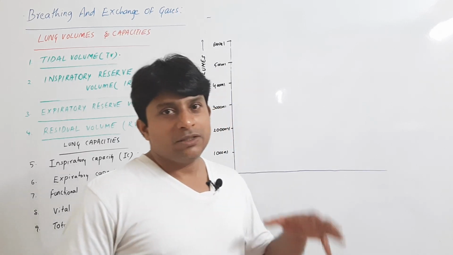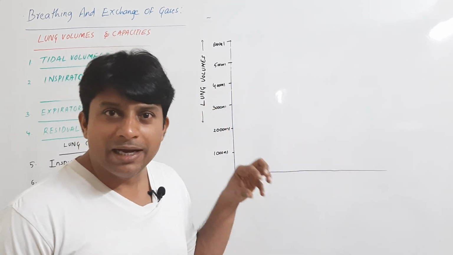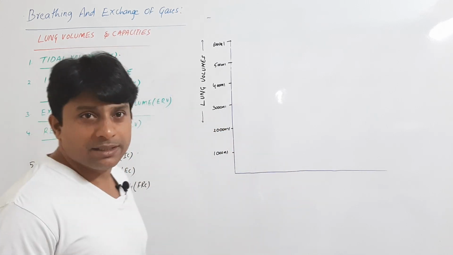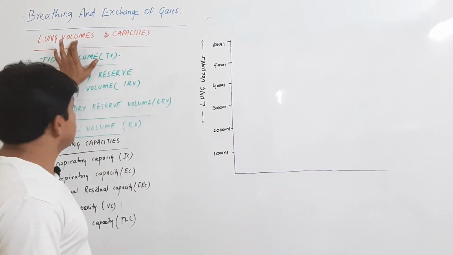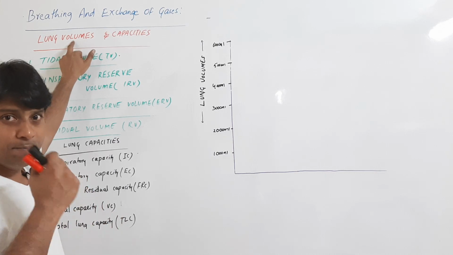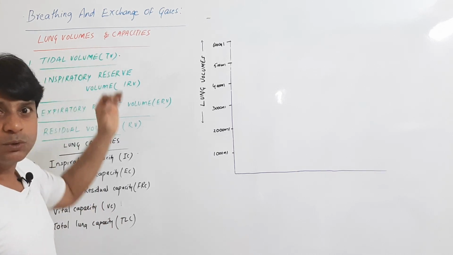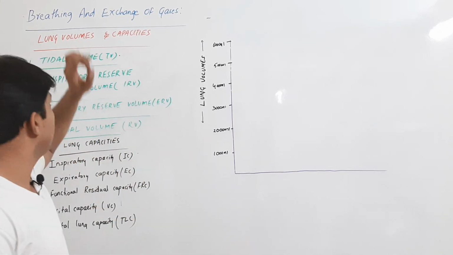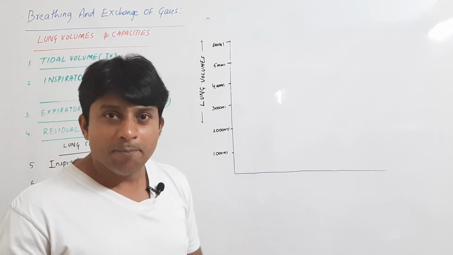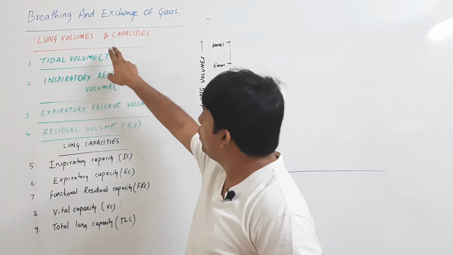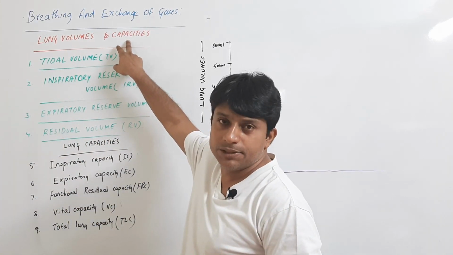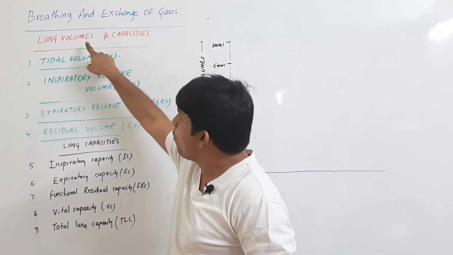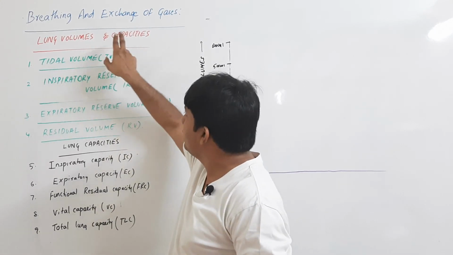Okay, so today's lecture is about lung volumes and capacities. So the volumes are nothing but the measurable values, the values which we can measure. Those measurable values are called volumes. By adding few volumes, we get capacities, right? So first we talk about what are lung volumes and then the capacities.